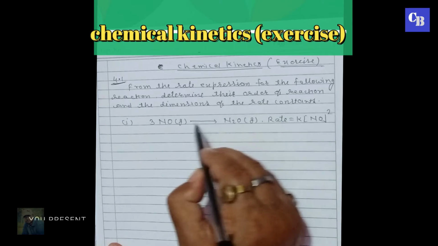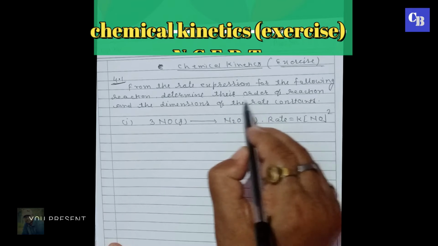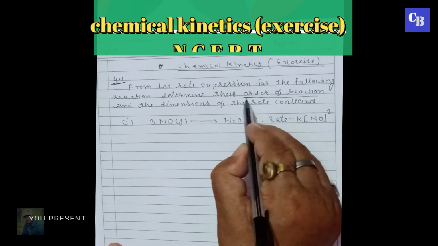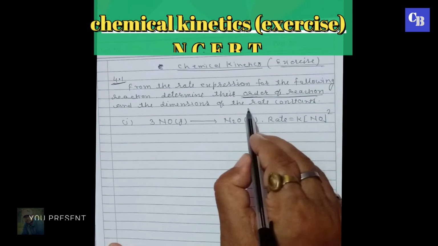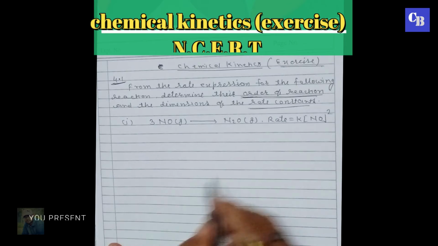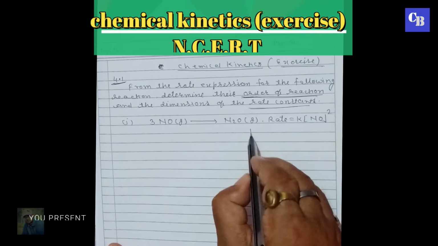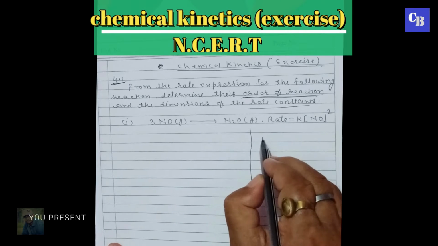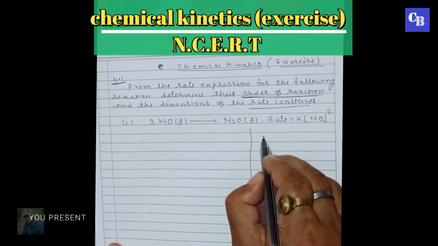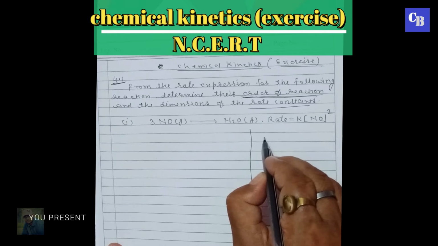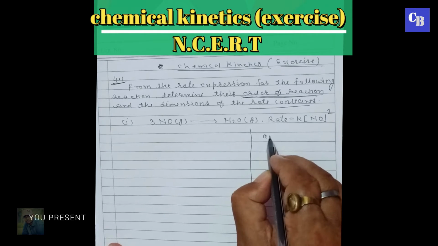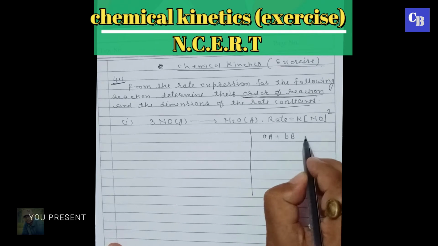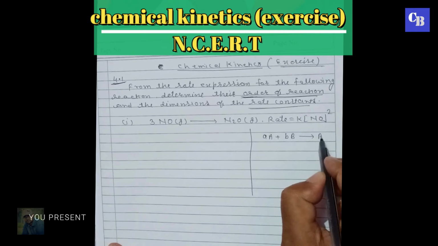So in the given expression, in the given equation, you have to find the order of reaction and rate constant. To understand the order of reaction, take this example: A and B convert into product.